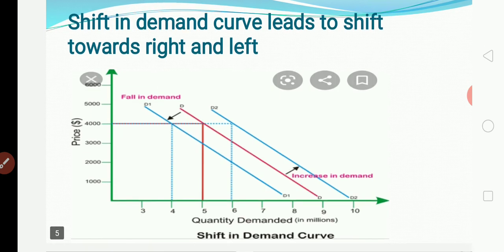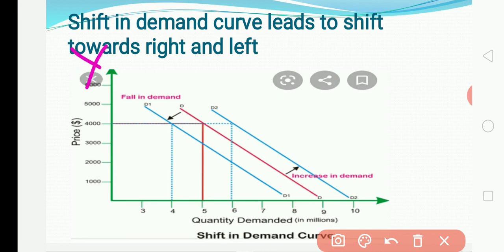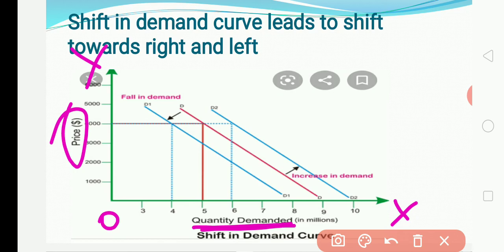So, shift in the demand curve. You can observe OY axis representing price and OX represents quantity demanded.